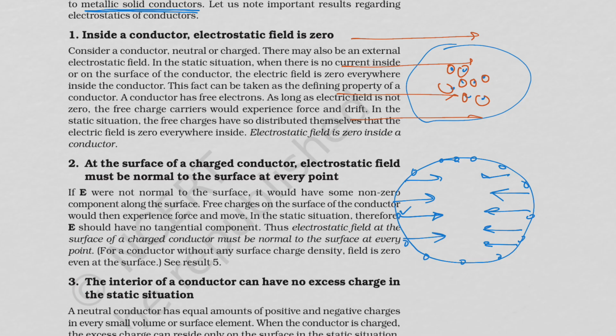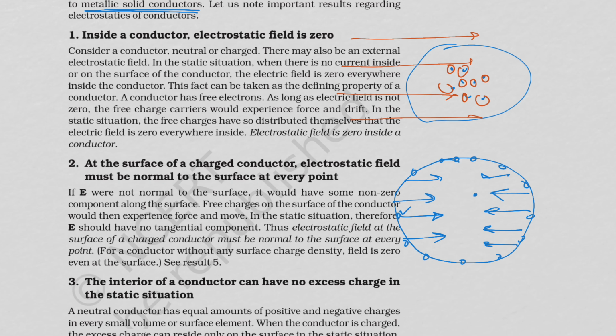So the total electric field will be 0 inside, and even at a particular point, the electric fields due to all the other free electrons will cancel each other, and there will be no electric field inside the conductor.